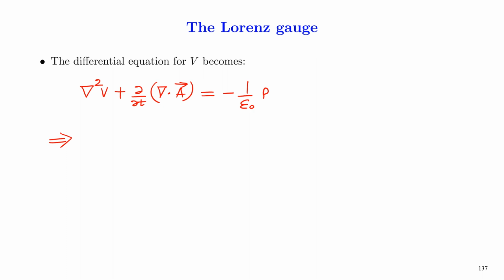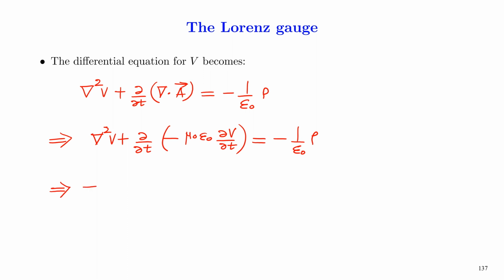When we substitute for del dot A, we have del square V plus dou over dou t of negative mu 0 epsilon 0 dou V over dou t. This is equal to negative 1 over epsilon 0 rho. This is del square V minus mu 0 epsilon 0 dou square V over dou t square equal to negative 1 over epsilon 0 rho.